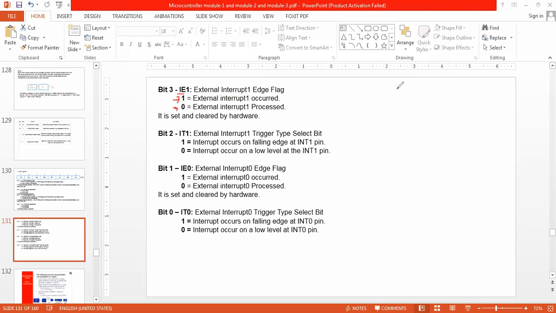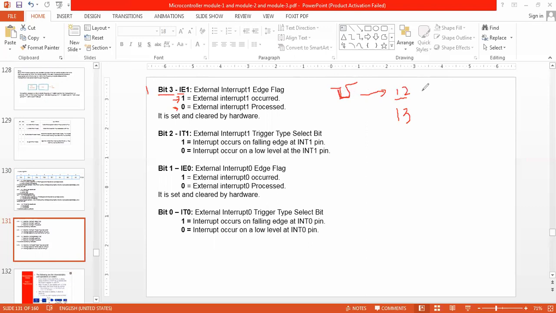So I have pin number 12 and 13. Whenever there is a low signal upon pin number 12, this bit is equal to 1.